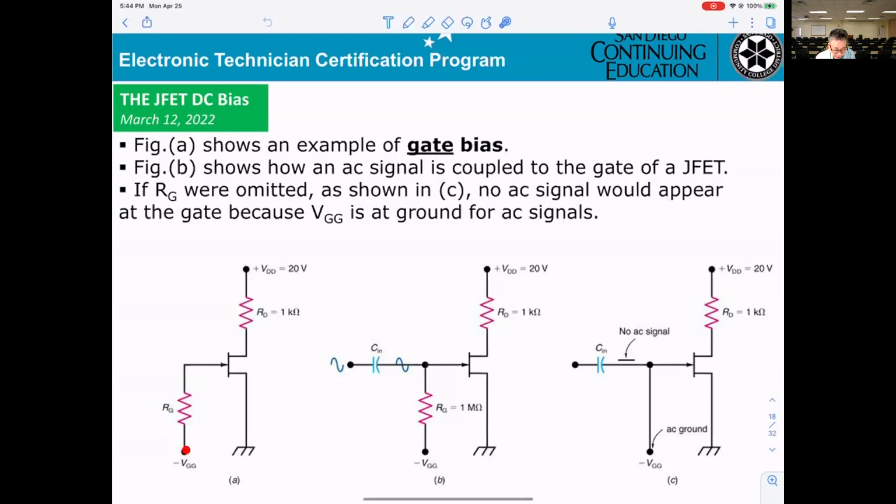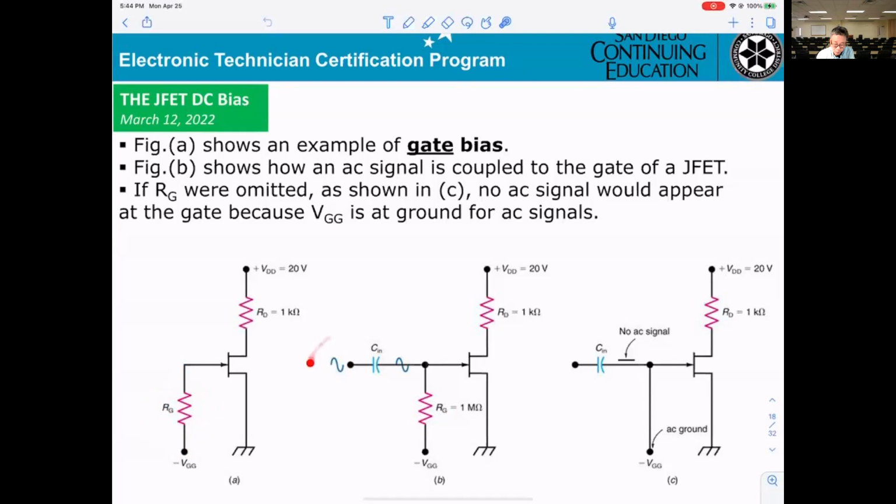The voltage here and here will be the same. If you take it out, they will still be the same. Now why do we need this RG here? It will show you when it becomes an amplifier.